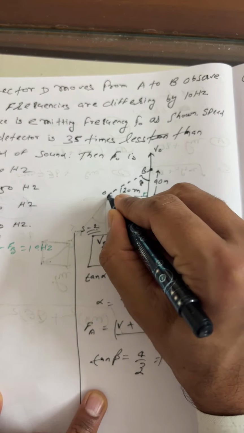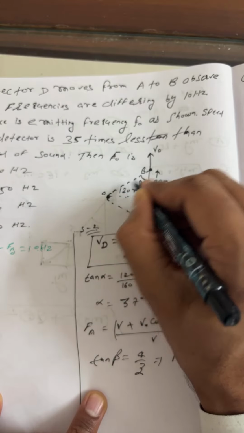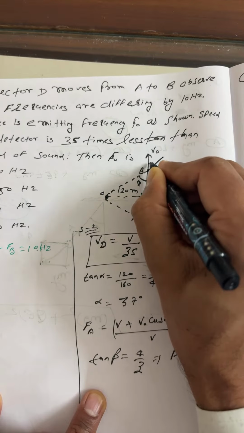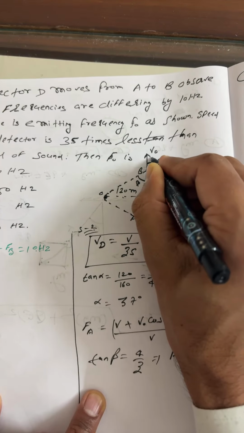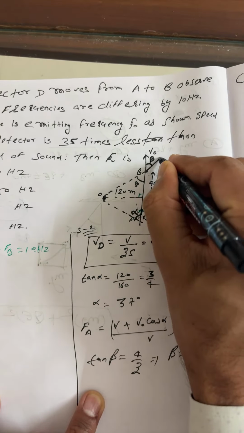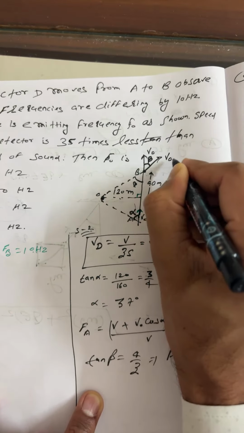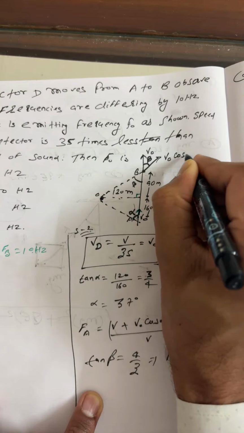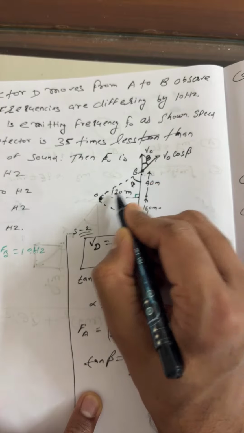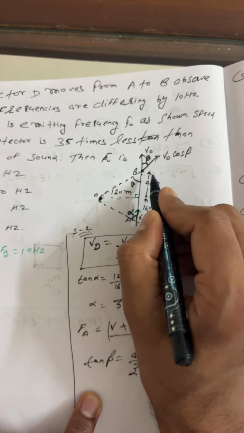For this condition, this is the velocity of the source, or you can say sound. So again I can apply the same thing. One component of V naught is V naught cos beta. For getting the frequency of FB, again we can apply relative velocity.